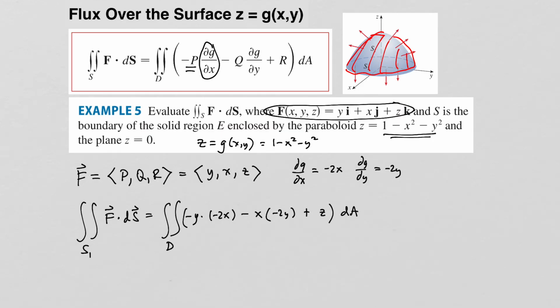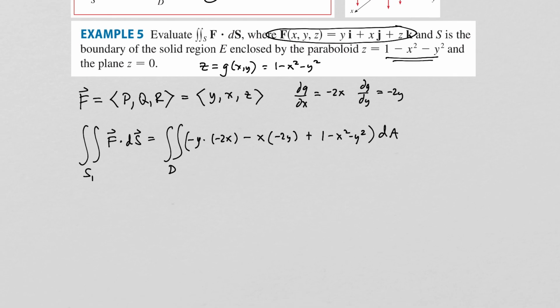Now, this is actually a problem, isn't it? Because if you look at this carefully, we have a double integral, but we have 3 variables. When you have a double integral, you're only allowed to have 2 variables. So, of course, when we're on this surface, we know that z is 1 minus x squared minus y squared. So I can put that in for z here. Now let's clean this up.